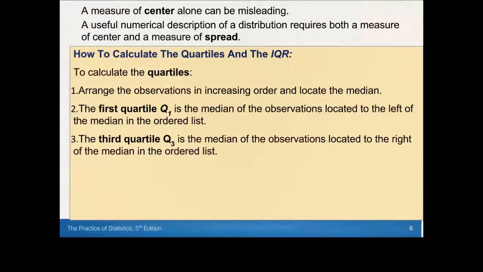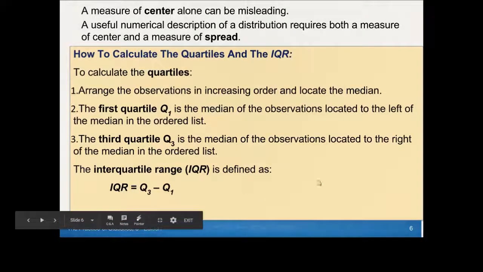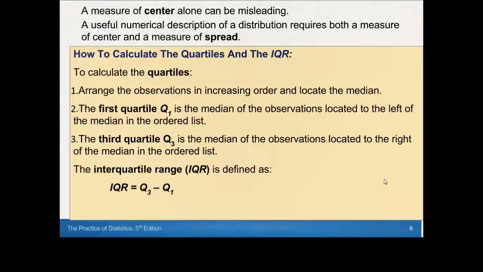The third quartile is the median of the observations located on the right of the median. So the median itself would actually be like Q2, the halfway or the second quarter. The interquartile range is just defined as the difference between Q3 and Q1. Of course, we'll do an example so you can see how that works.